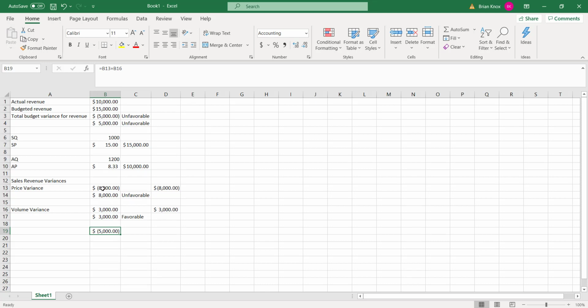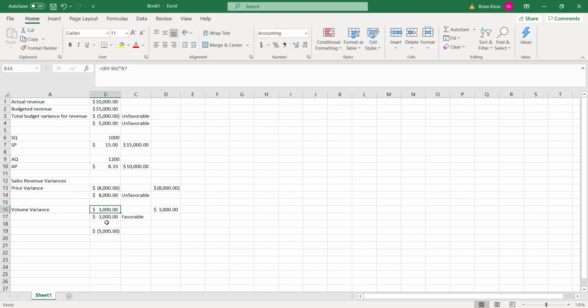Now, what would we do with this? We would say, okay, why are we having such a bad price variance? And in fact, this price variance may be driving the volume variance because we sold at a lower price. The market is valuing our goods less, but we have a higher volume because we're being viewed in the market perhaps more on a cost leadership scale.